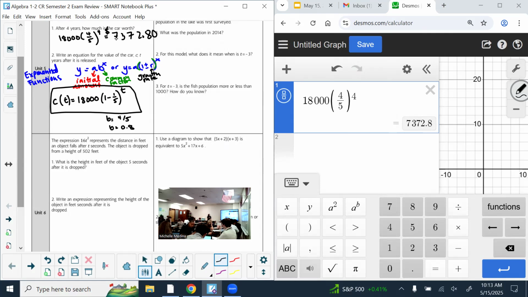In first hour, nobody could tell me even a little bit of the formula. So we had to do number 1 by figuring out what 1/5 of it was, subtracting it from the original, figuring out what 1/5 of that was, subtracting it from that amount. The 1/5 of 18,000 is 3,600. Let me check.